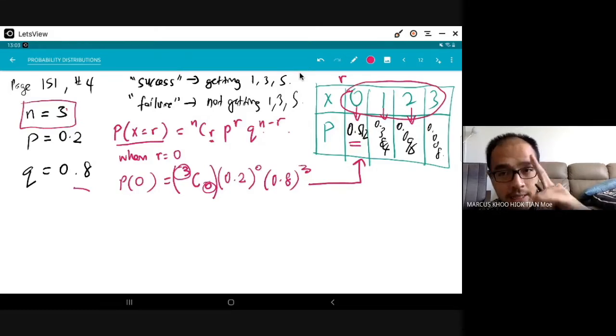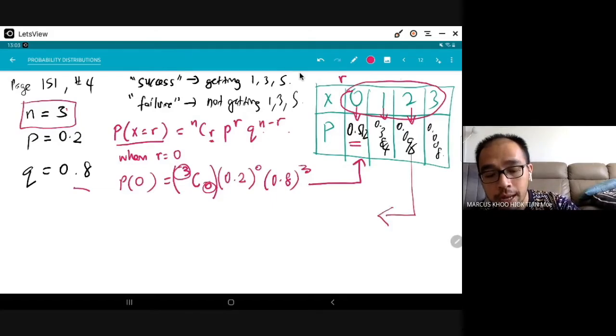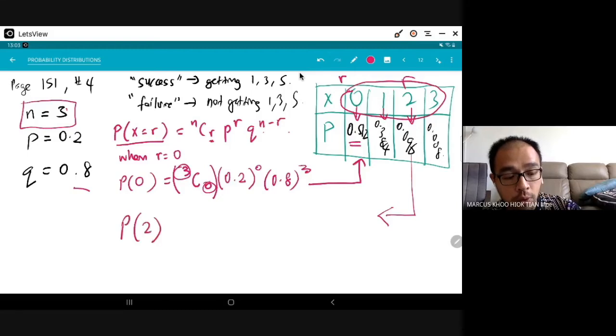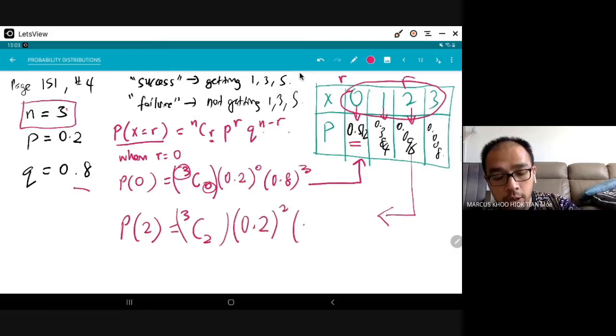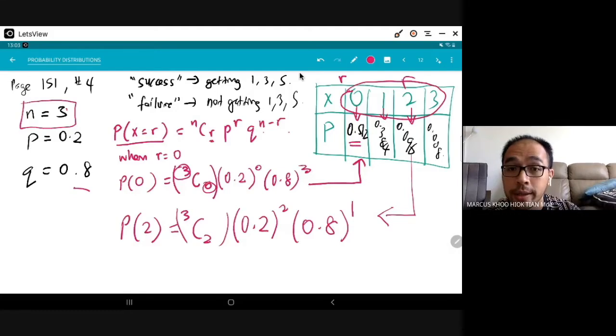Okay, let's just do one more lah for you to practice how to do this one. Okay, I'm going to use r equals to 2. Okay, so P2. Okay, bila r sama dengan 2, is 3C2, 0.2 to the power of 2 and 0.8 to the power of 1. 3 minus 2 is 1.